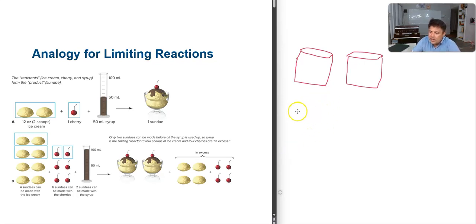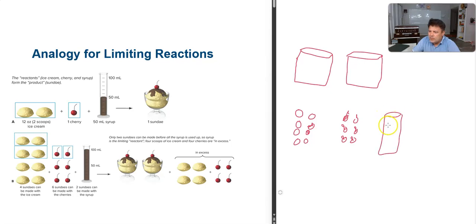So you have available 8 scoops of ice cream and 6 cherries, and you have 100 ml syrup.